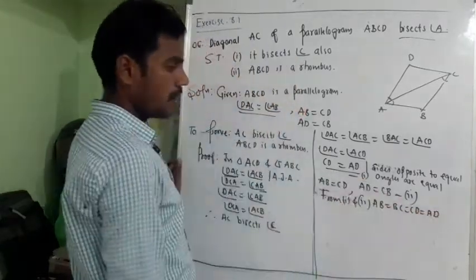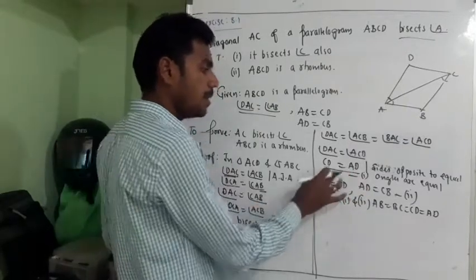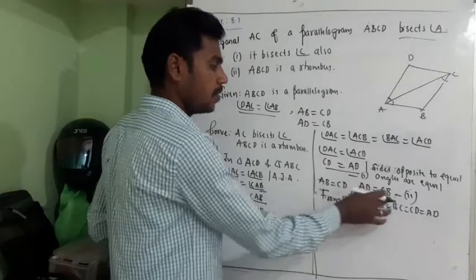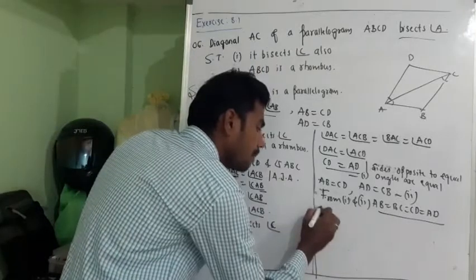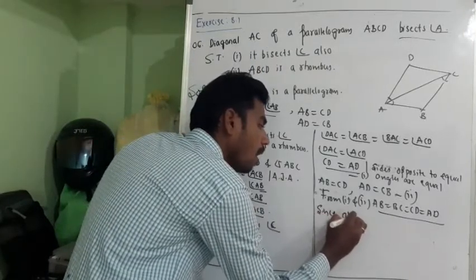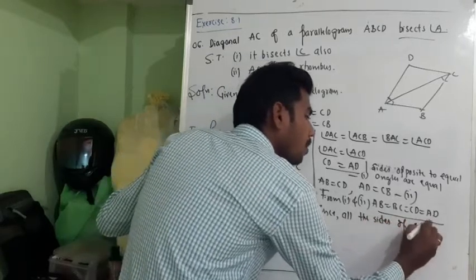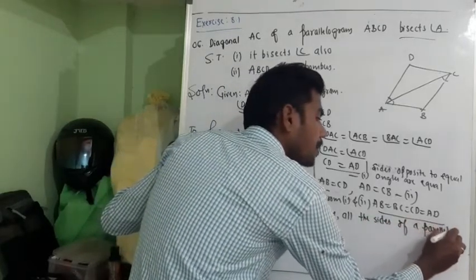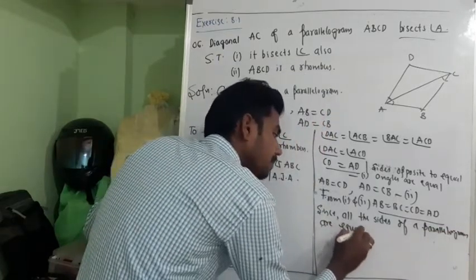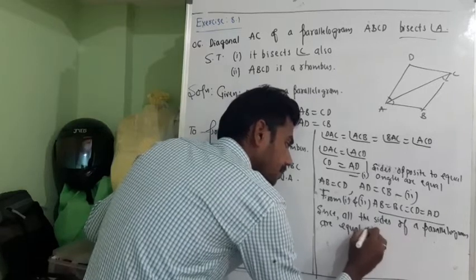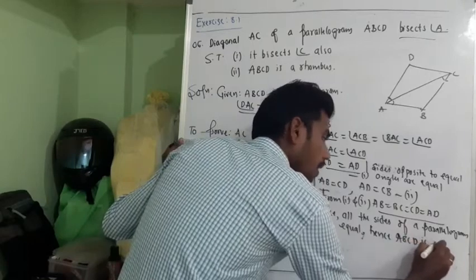Since CD is equal to AD and AB is equal to CD, AB is equal to AD, and AD is equal to CB. Then AD is equal to CD. So all the sides will be equal. Since all the sides of a parallelogram are equal, hence ABCD is a rhombus.